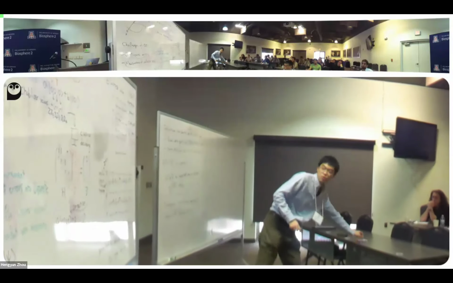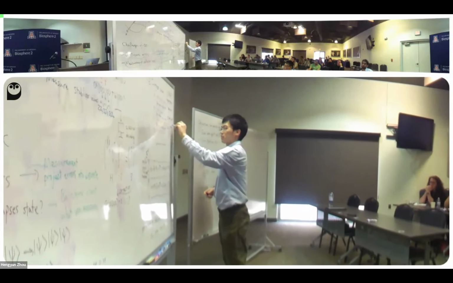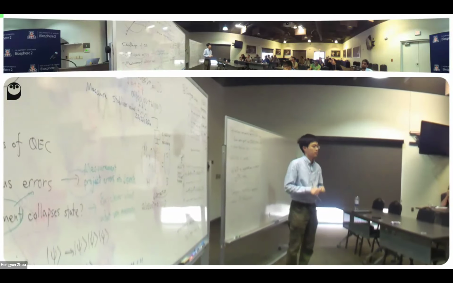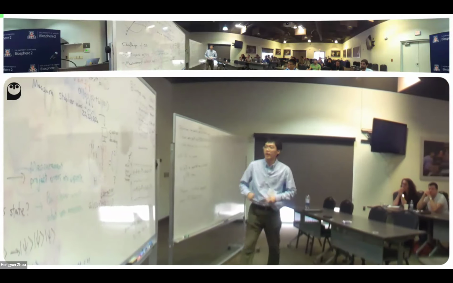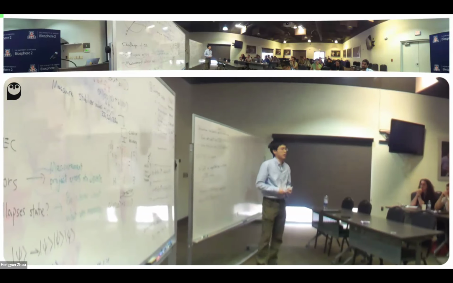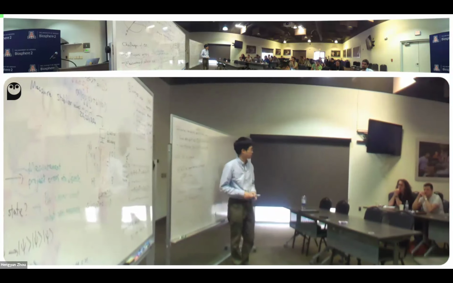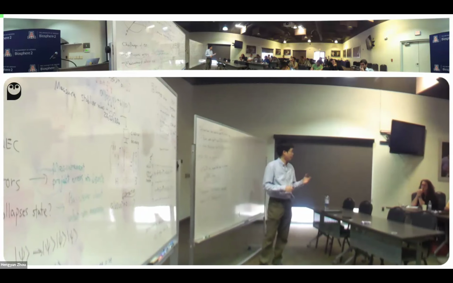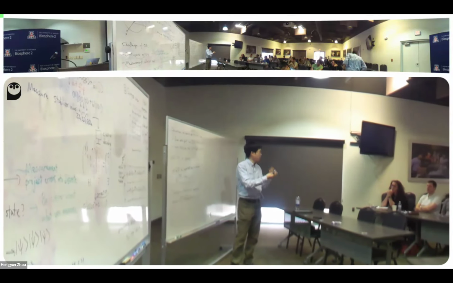I'll also use the letter S to denote the stabilizers. So this is how we're going to define our error correcting subspace. Let's try to figure out what this subspace looks like. I actually said simultaneous eigenspace, whereas I have some X operators that I'm measuring and some Z operators, and these might not commute.